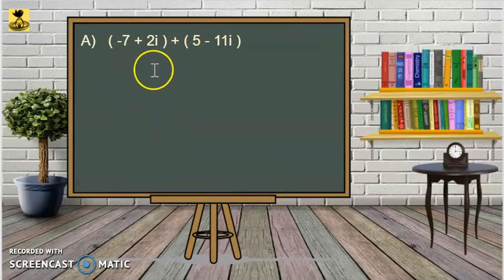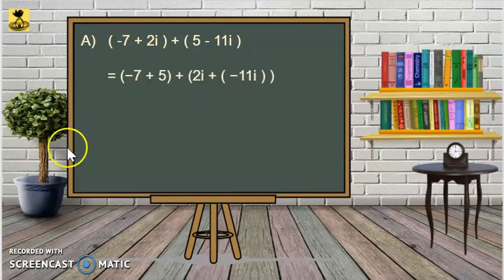Negative 7 plus 2i plus 5 minus 11i, or the quantity of negative 7 plus 2i plus the quantity 5 minus 11i. So first we will separate the real part from the imaginary part.